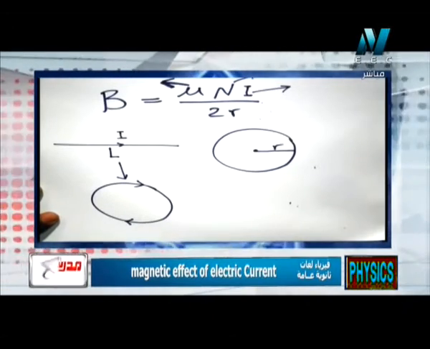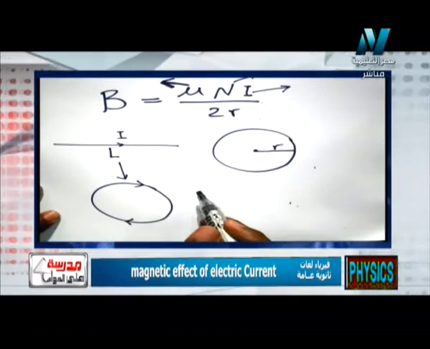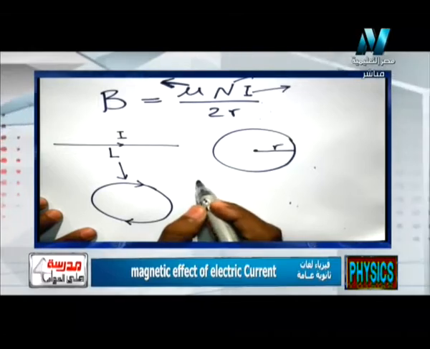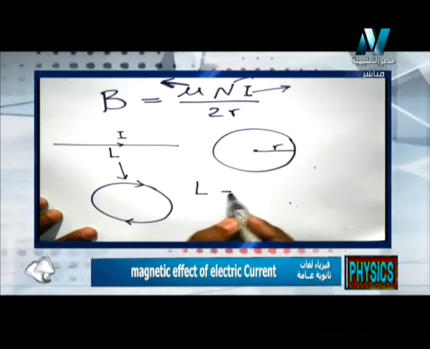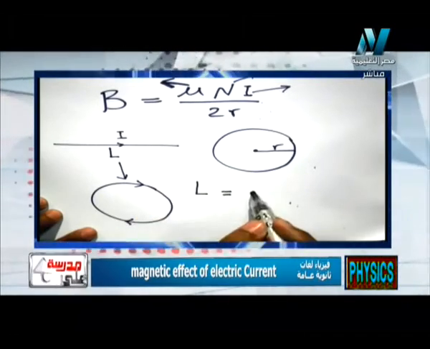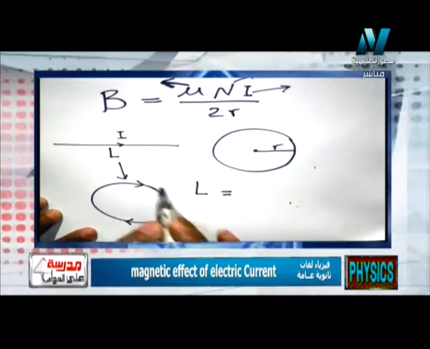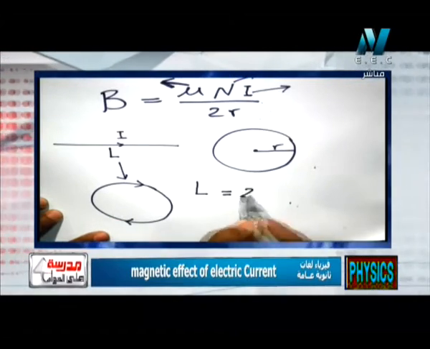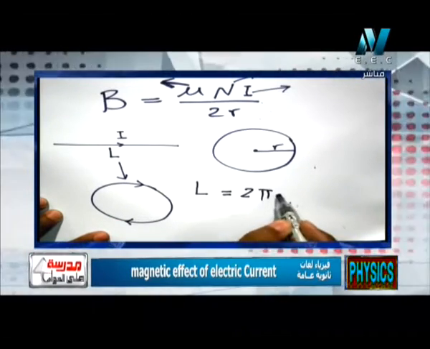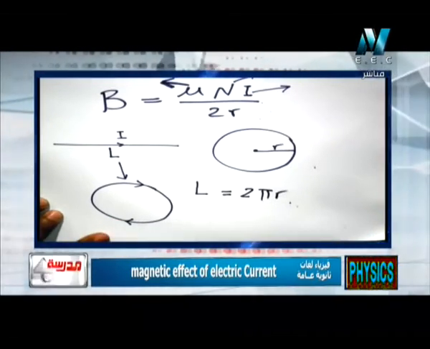L is changed into just one circle, so it has just one circumference, so L equals 2 pi r.